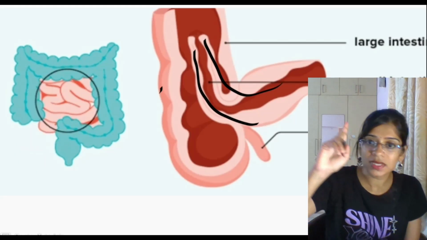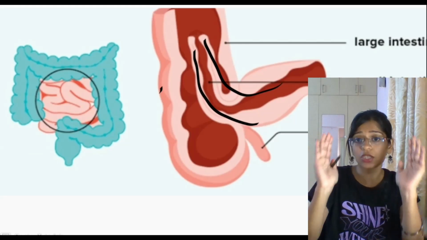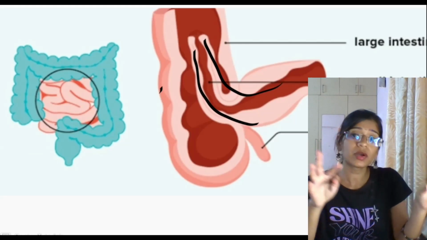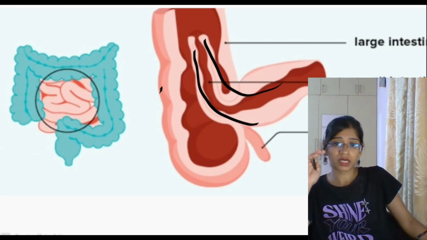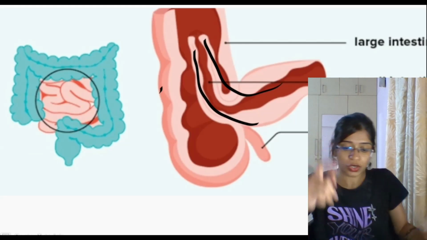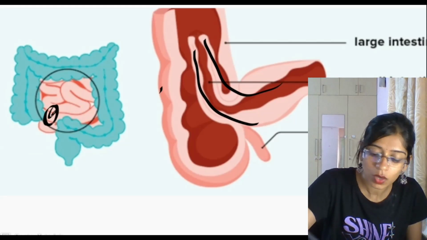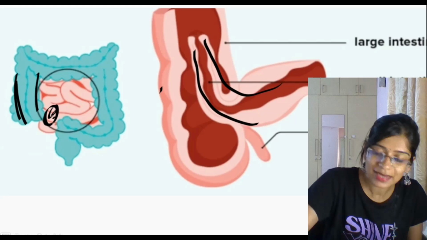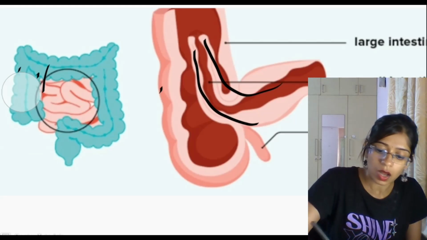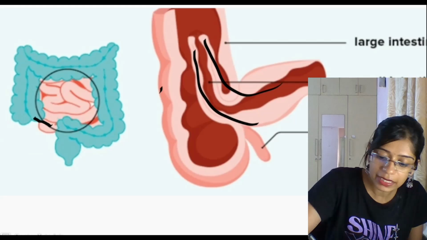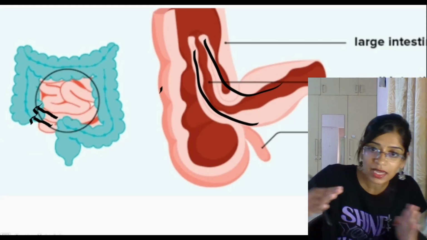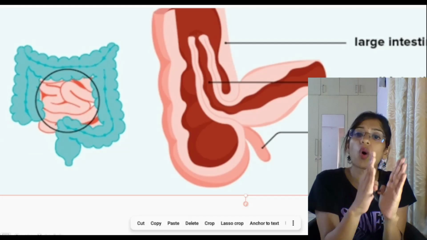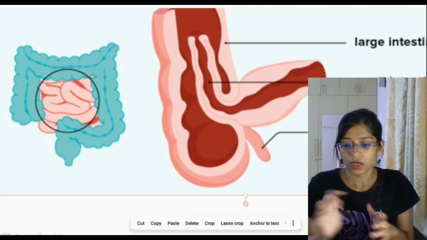Now, this condition usually occurs in the ileocolic region. Important question: ileocolic region. Here is the ileum, and this is the colon, the ascending colon. A part of the ileum slides into the lumen of the colon. Look at this picture.